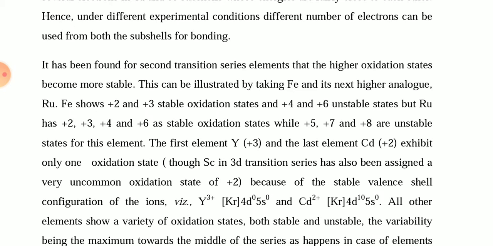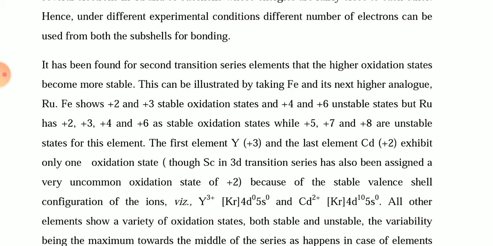Iron shows +2 and +3 as stable oxidation states and +4 and +6 as unstable oxidation states, but rhenium shows +2, +3, +4 and +6 as stable oxidation states, while +5, +7, +8 are unstable states for this kind of element. The first element yttrium, +3, and the last element cadmium, +2, exhibit only one oxidation state.